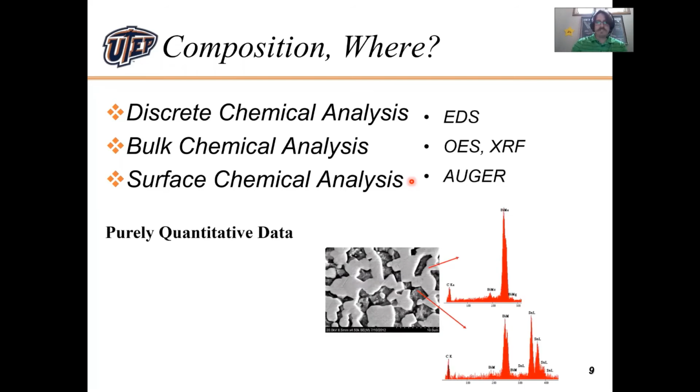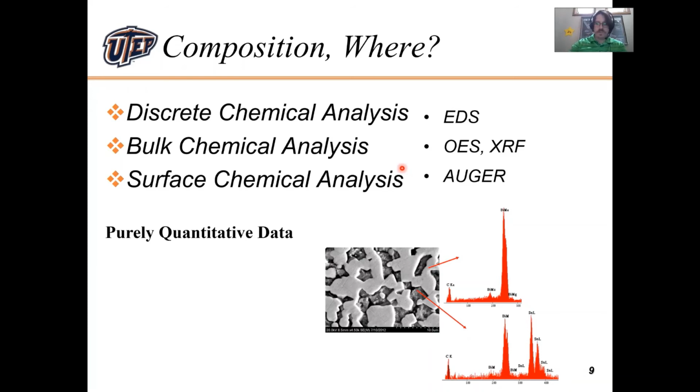Discrete chemical analysis is EDS. That's a very, very common one. Sometimes people call EDS EDX. I always trip out on that. Bulk chemical analysis: OES, and the ever popular XRF, so optical emission spectroscopy and X-ray fluorescence. And surface chemical analysis: Auger analysis. And that's purely quantitative data.